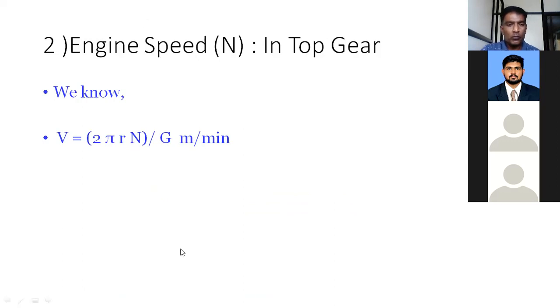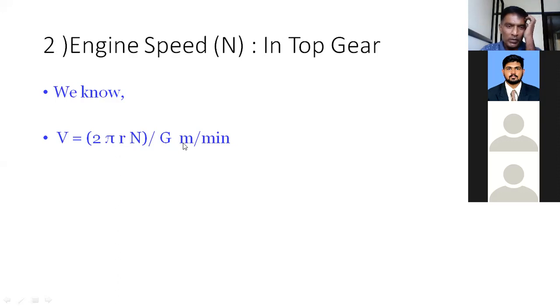So this N is nothing but engine speed. This is vehicle speed. This one is gear ratio, meter per minute.